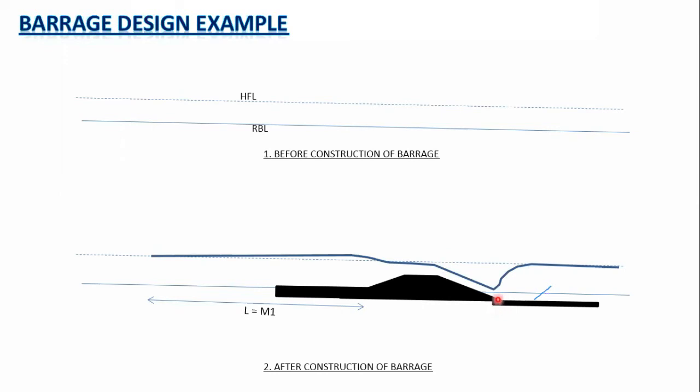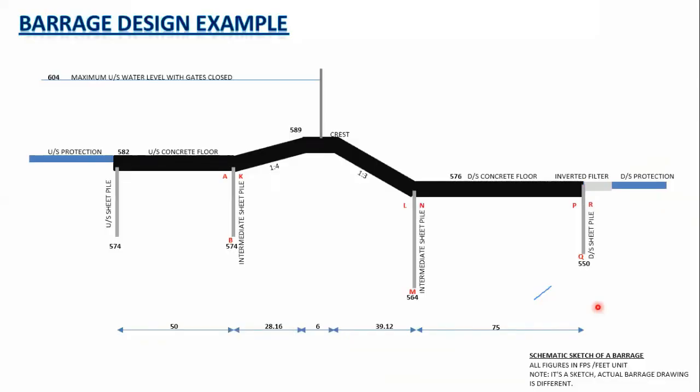The reason for this is, as the hydraulic jump moves to the downstream side, we may require to lengthen the downstream concrete floor, or we may also require to lengthen the downstream protection. If the hydraulic jump is forming, say, just at the toe of the glacis, we will be deciding the length of the concrete floor according to the length of the hydraulic jump.